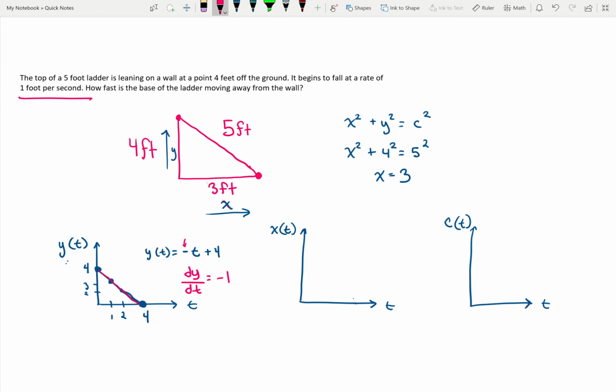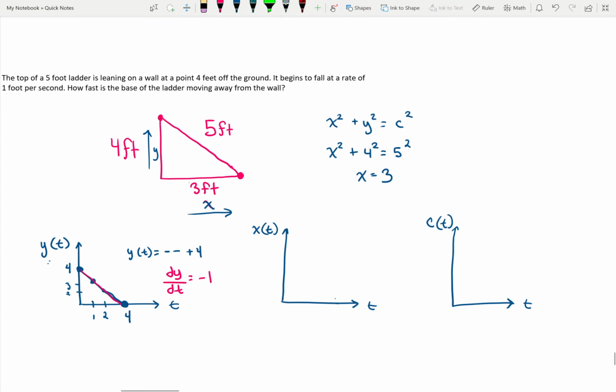All right, so let's look at our other guy, x of t. So x of t, where does he start? He starts at 3, right? And guess what? As the ladder moves away from the wall, the length increases by a certain rate. So his graph goes something like this, and it's definitely a line.